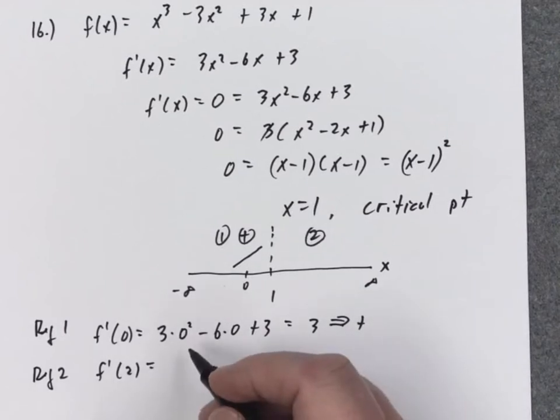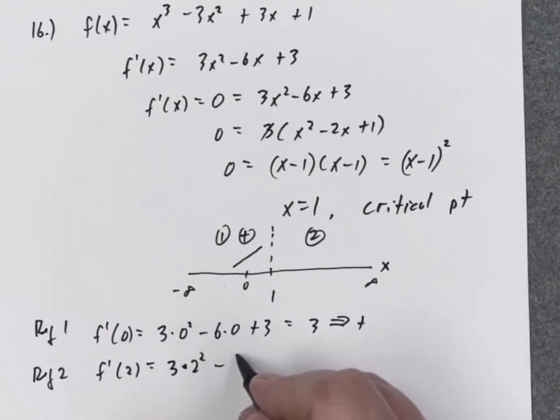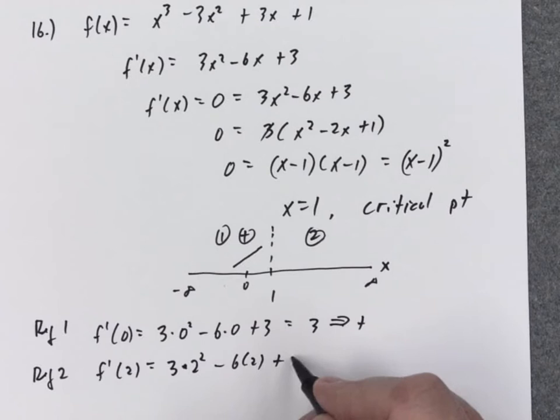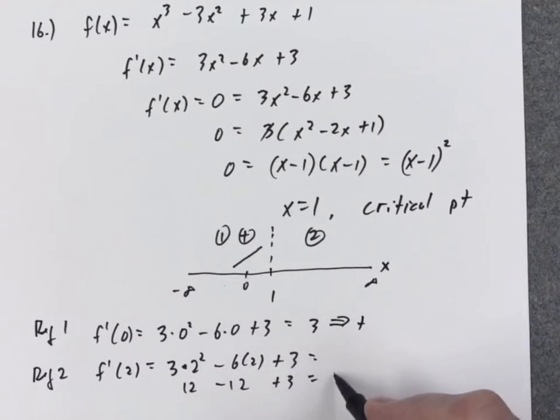So I plug in 2 into my first derivative, 3 times 2 squared minus 6 times 2 plus 3. So this is 4 times 3 is 12 minus 12 plus 3.